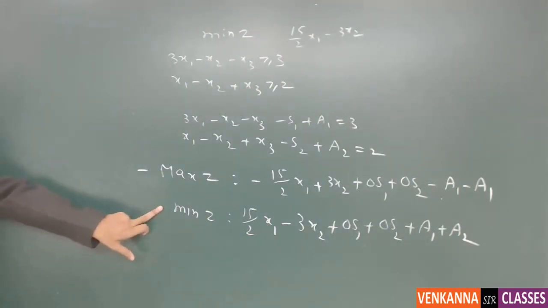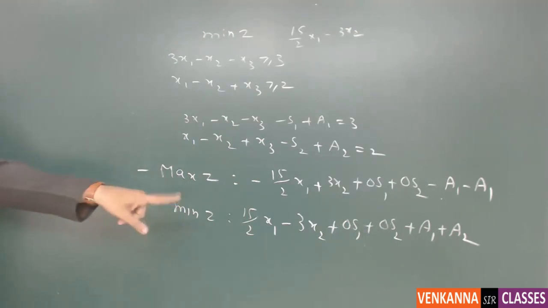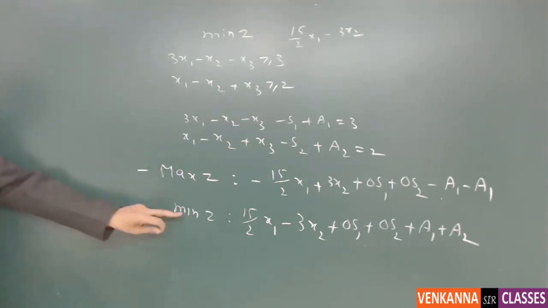This is the regular form of writing. Usually you write it for the problem. Because for minimization, always plus a you should take, plus M will come. So there is no need to change signs in constraints because I am converting the minimum problem into maximum. That's why I put minus.